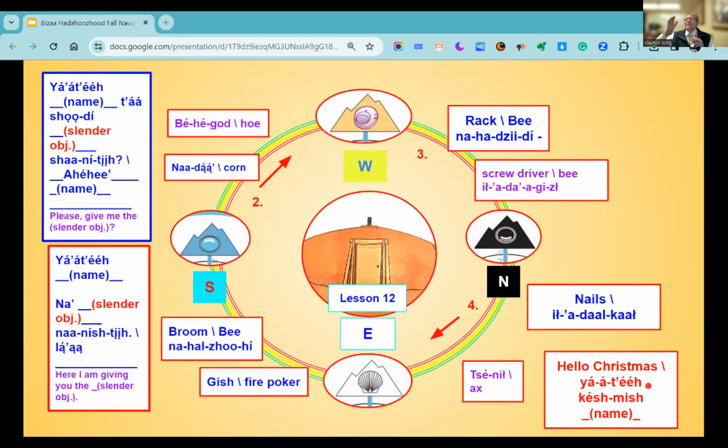So I'll raise my hand, you point to me, and then I'll say, Mr. Johnson, Shaanítįįh keshmish, or Shaanítįįh keshmish, Mr. Johnson. Either way, it doesn't really matter. You can put Shaanítįįh keshmish first, or the name first.